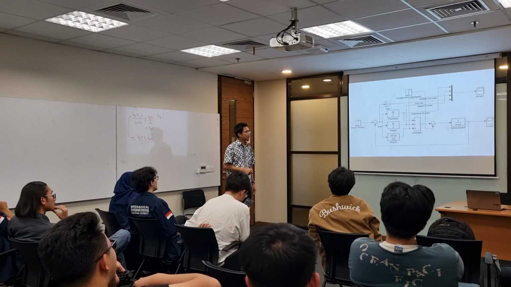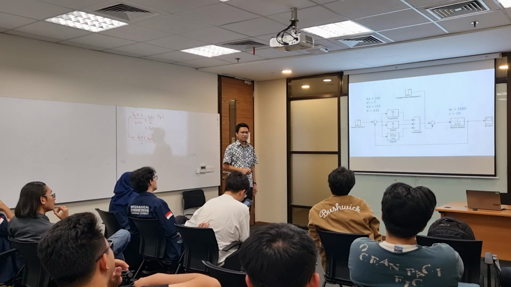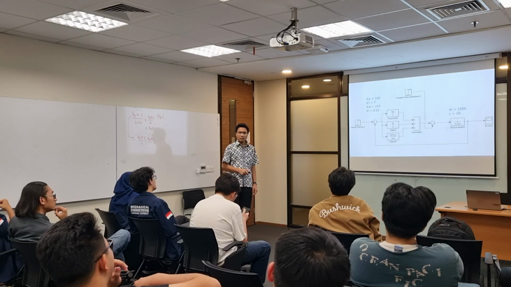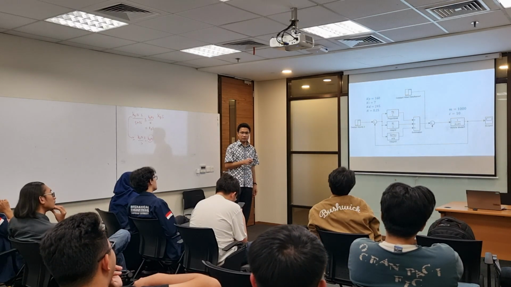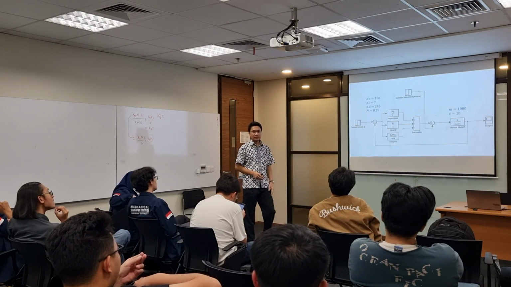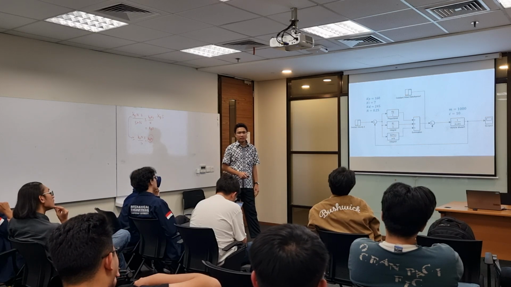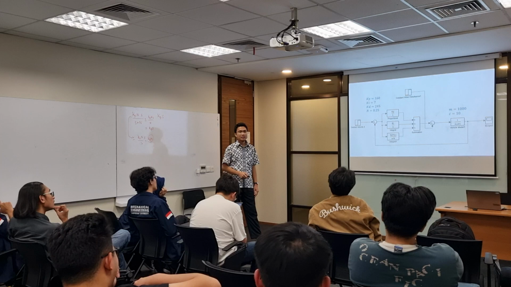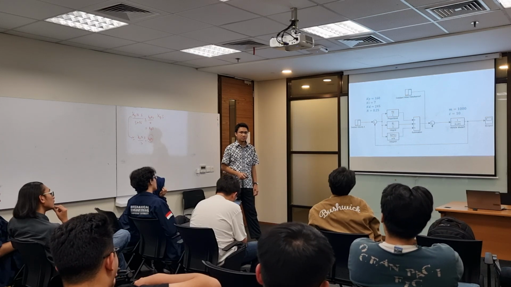At the steady state, the desired velocity is achieved already, but the integral control action is still there, non-zero. Why is that so? Anyone know? Not because of that.